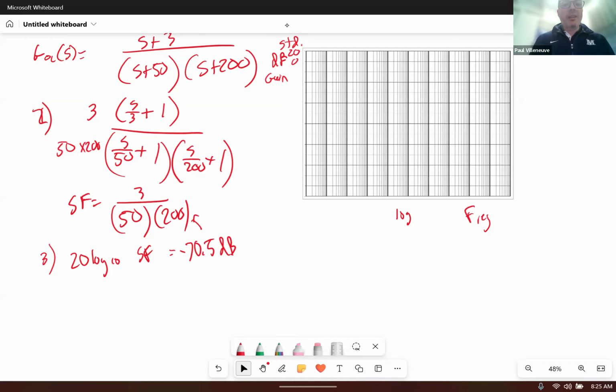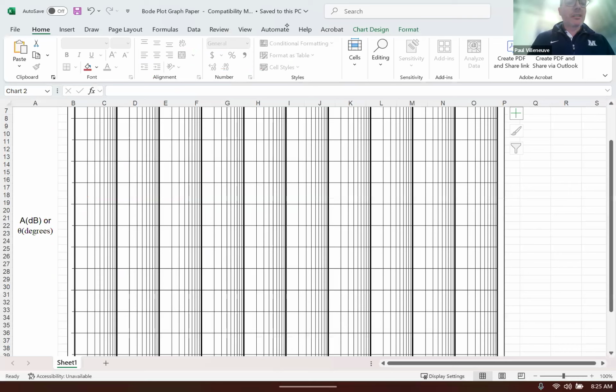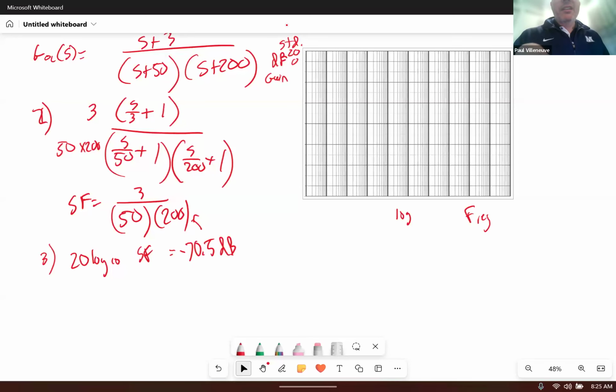Hold on, is it just plotting weird? Yeah, it's plotting weird, so I don't know why some lines are darker. And if you don't want to jam it up so much, let's put this as 0, then minus 20, minus 40, minus 60, minus 80, minus 100, and minus 120 dB.